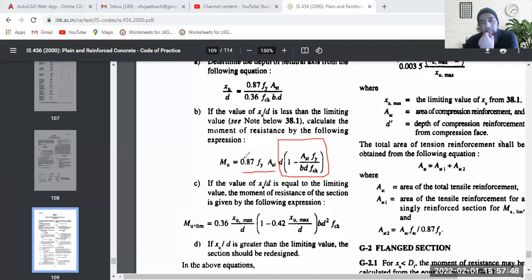If I open this up, this is D minus D into AST into Fy by BD FCK.